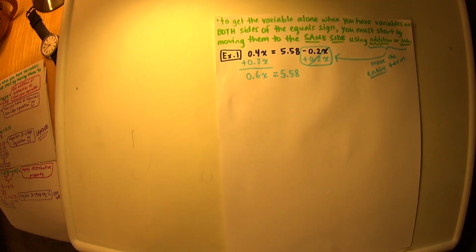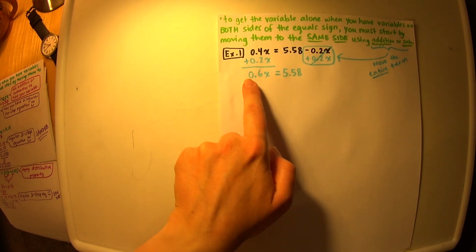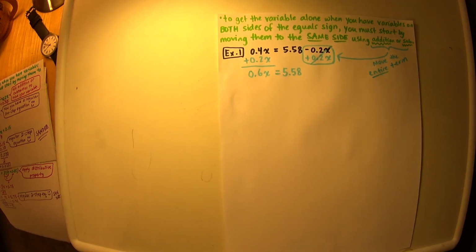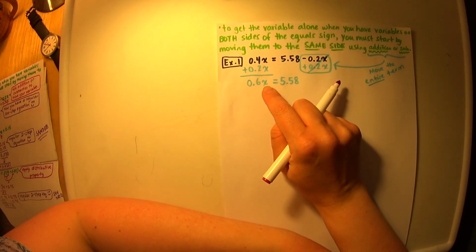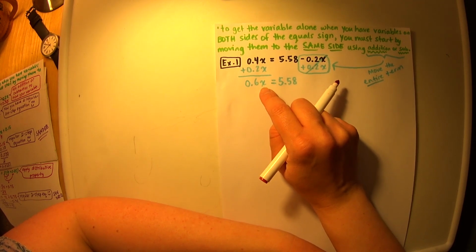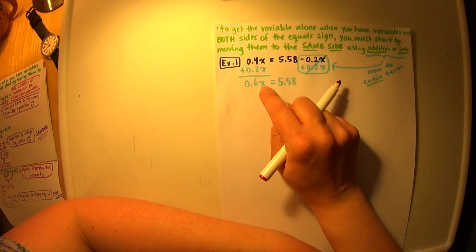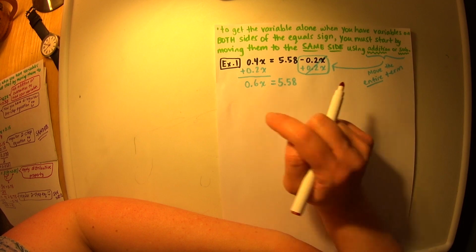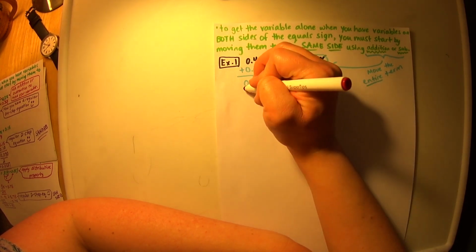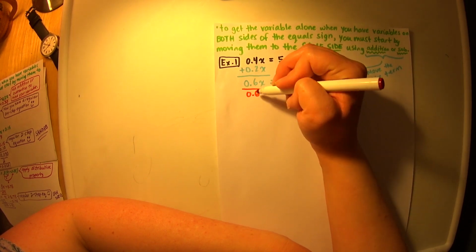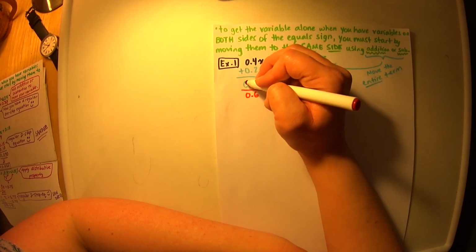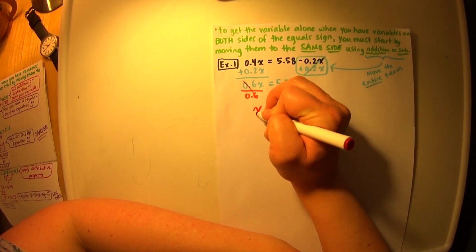Once we've done that, you'll notice what we're looking at now is just a regular one-step equation. I've only got one step left to actually get my variable alone. Right now, because all my x's are in the same place, they're being multiplied by 0.6, so the opposite would be to divide by 0.6. 0.6 divided by 0.6 gives me a single x.